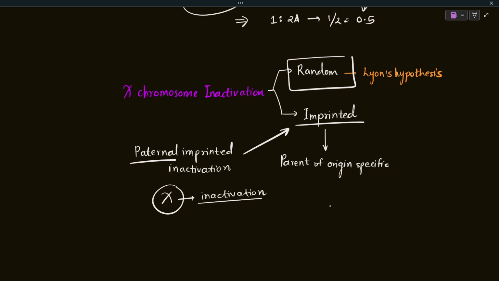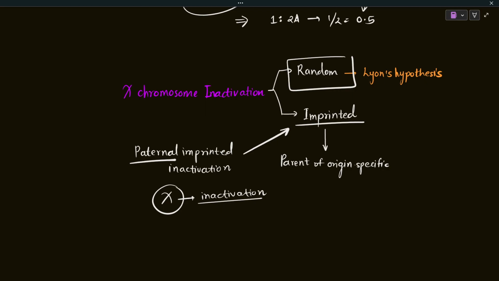Again, there's one more thing about imprinted X chromosome inactivation. The paternal imprinting is more common compared to the maternal imprinting, meaning the paternal copy of the X chromosome is silenced. This is to ensure that the development of the embryo goes through the maternal experience, because we are assuming that the maternal environment is more beneficial to the fetus, right?